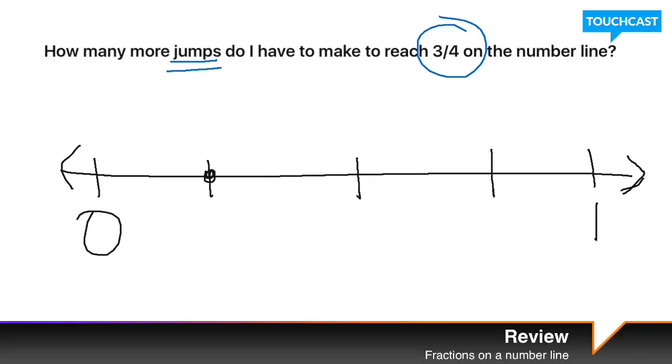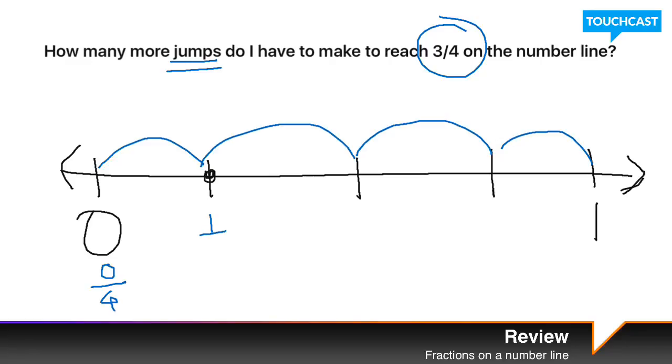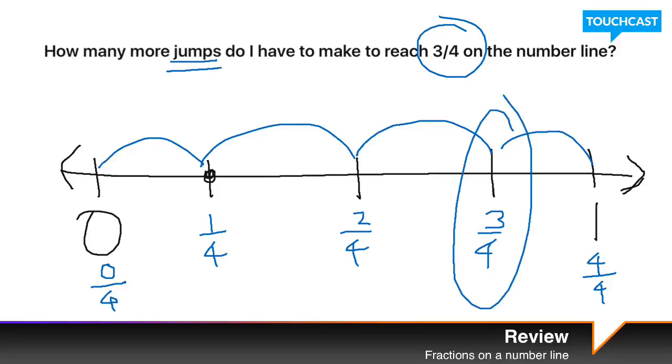To reach 3/4 of the number line, let's find where 3/4 even is. Let's count the jumps. 1, 2, 3, 4. Let's label each one to find where 3/4 is. 0/4, 1/4, 2/4, 3/4, and 4/4, which we know equals 1 whole. All right, so we know 3/4 is right here.